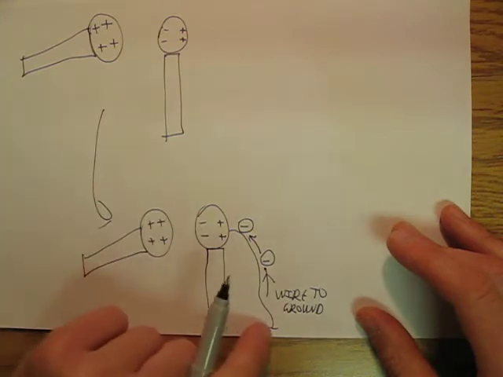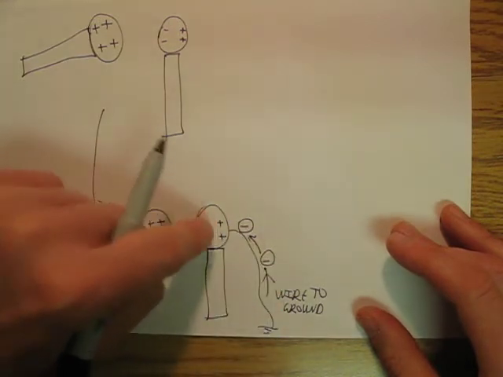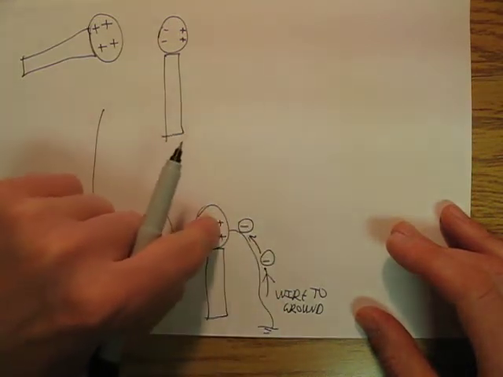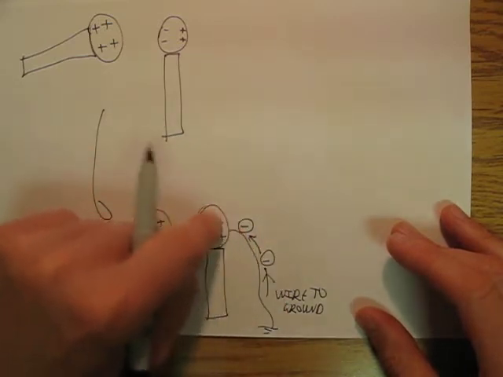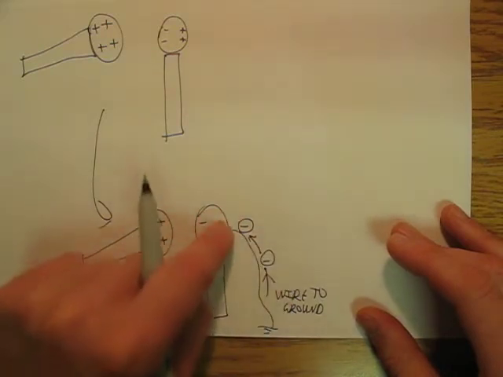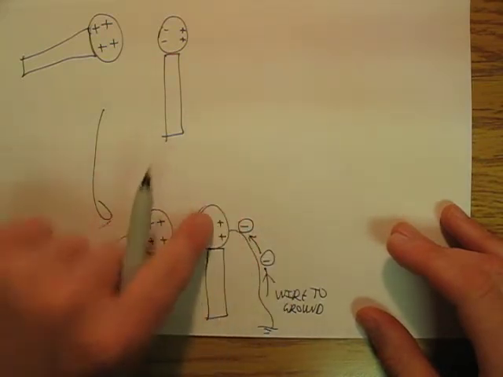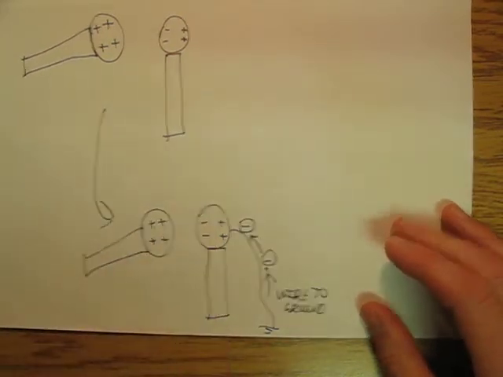There's going to be negatives in the ground. They're going to cruise on up, and they're going to be attracted to those positives. So they're going to neutralize that positive just because they want to, and they don't know what's happening over on this side.